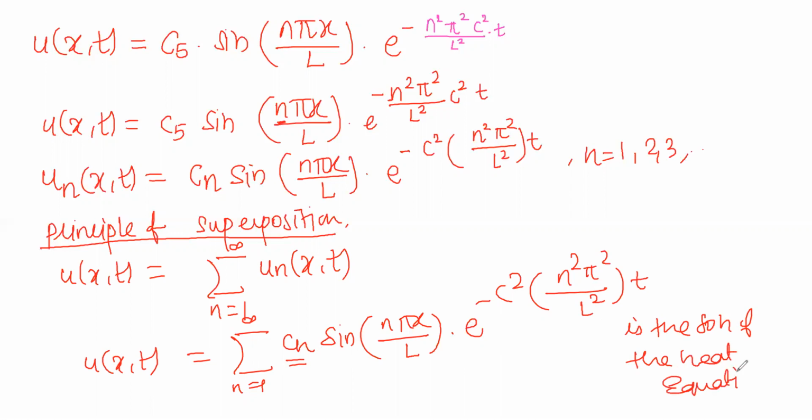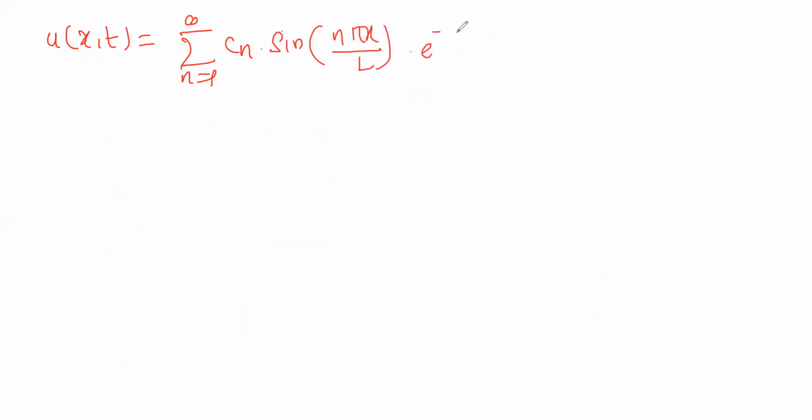It's the same equation that I had written while solving heat equation problems. In place of Cn, it was just dn, simply. So it is Cn. Now let's find out this Cn. We will use the initial condition that is given to us. So u of x,t is nothing but the summation n equal to 1 to infinity of Cn sine n pi x upon L times e power minus c square n square pi square upon L square t.